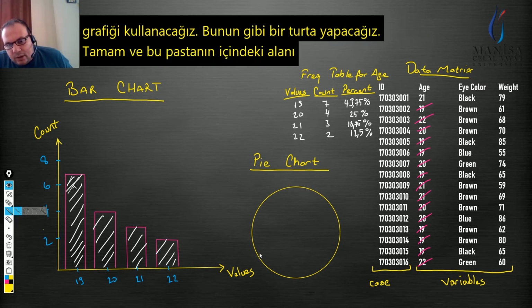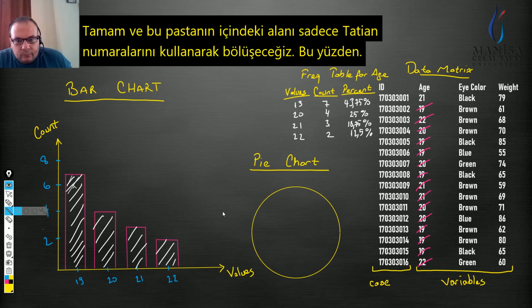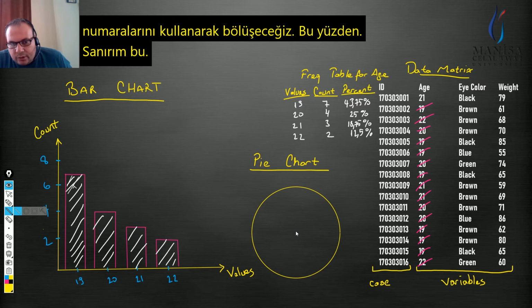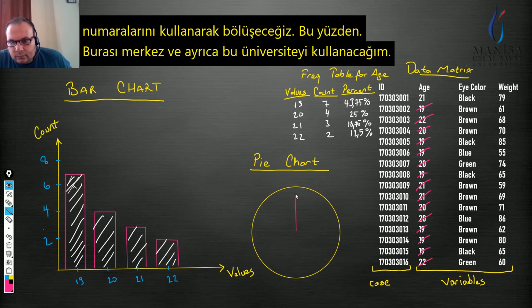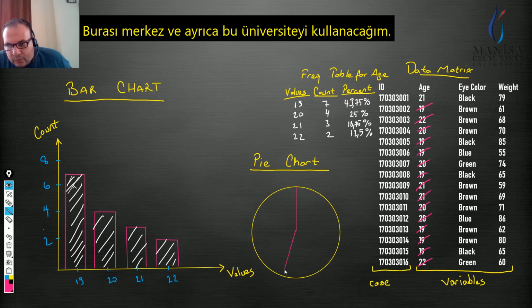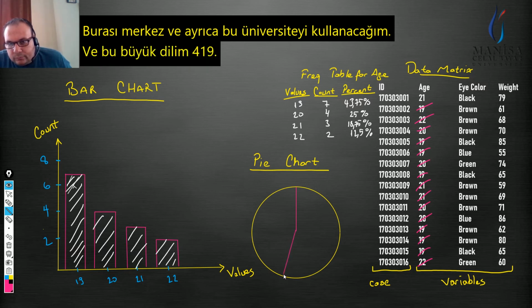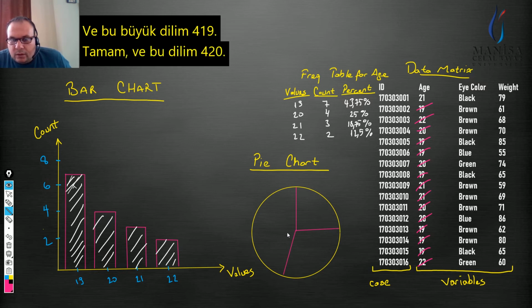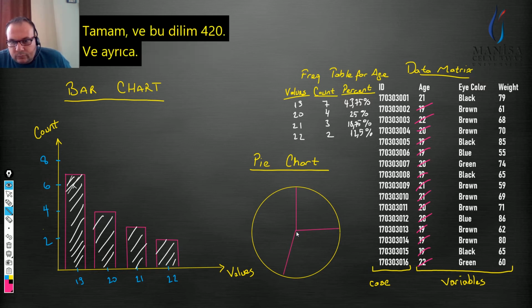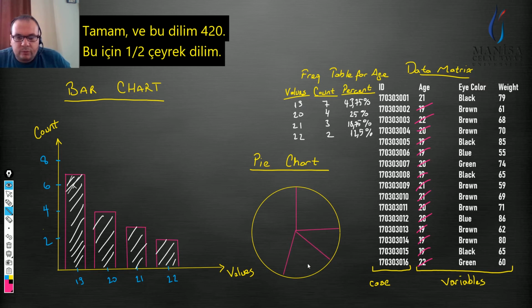So I think this is the center, and also I'm gonna use this color, and this big slice is for 19. This quarter slice is for 20, and this is a half quarter slice, 12.5%, for 22, and also this is for 21.